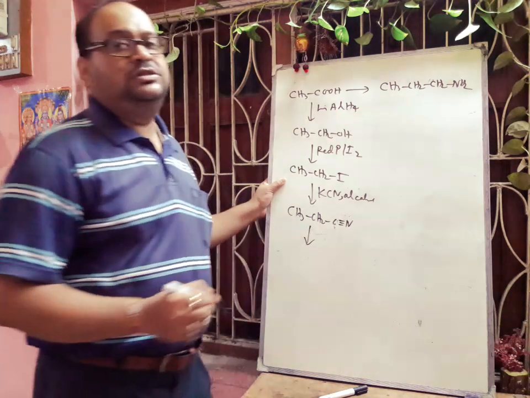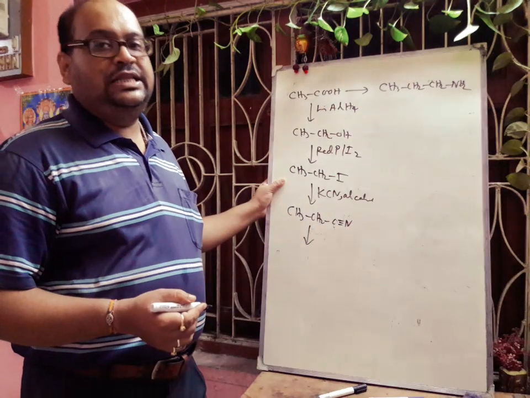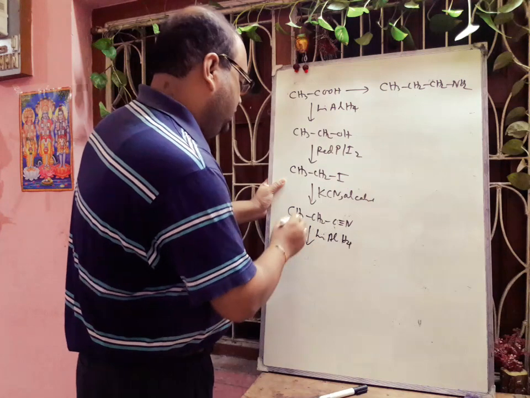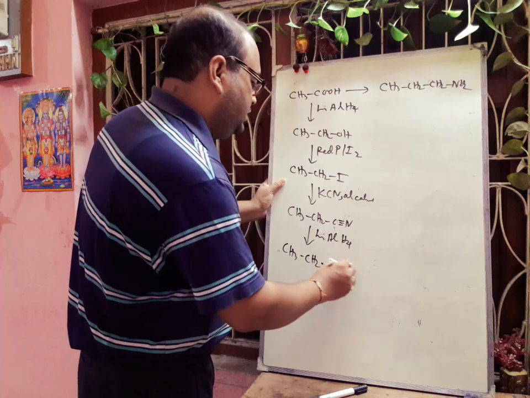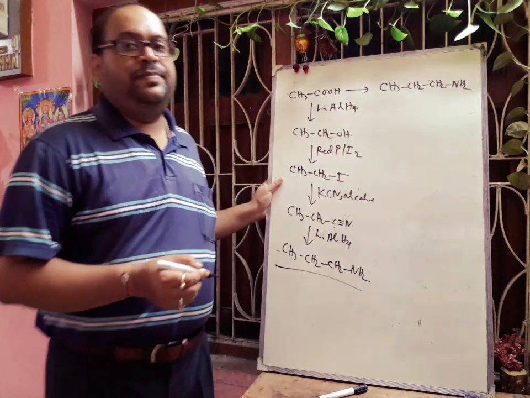Now we have to use the reducing agent, that is the lithium aluminum hydride. Lithium aluminum hydride will reduce this cyanide forming CH3CH2CH2NH2. So this is our desired product, that is the n-propylamine.